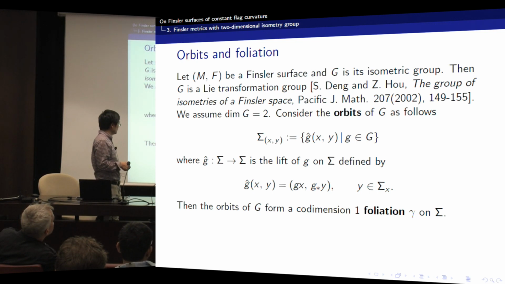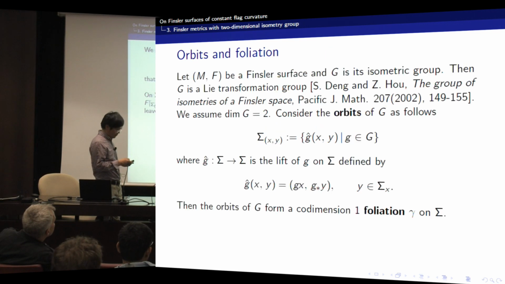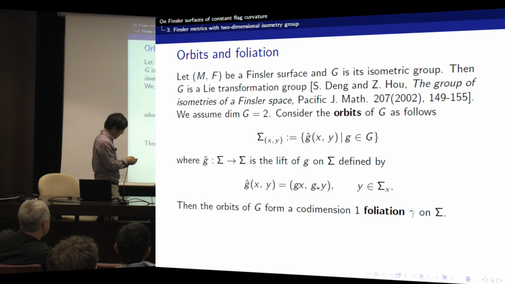Then the orbits of G form a codimension 1 foliation Gamma on sigma. Why codimension 1? Because the dimension of G equals 2, and the surface is two-dimensional. Yes, that's right.